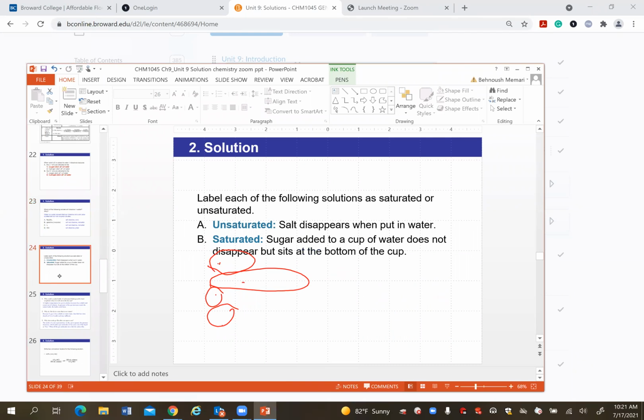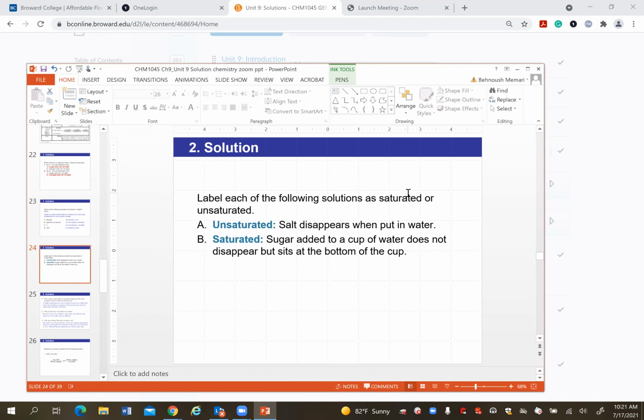Another example: what happens if the salt disappears when you put it in the water? How would you classify that? Would that be saturated or unsaturated? If it's still taking salt, that means the solution is unsaturated.